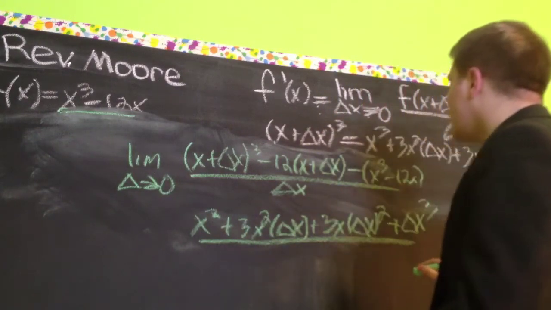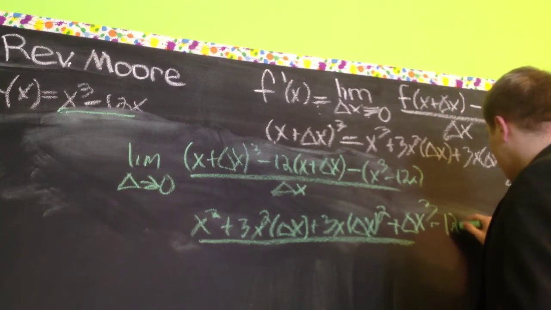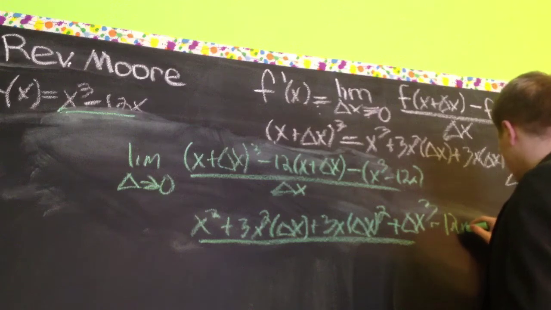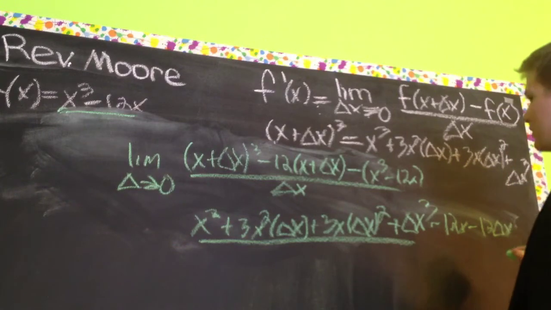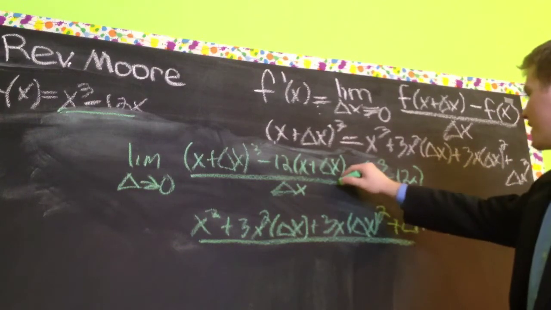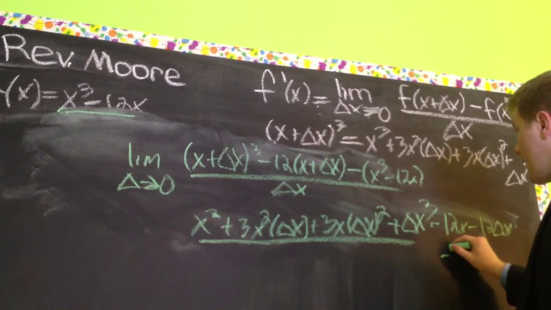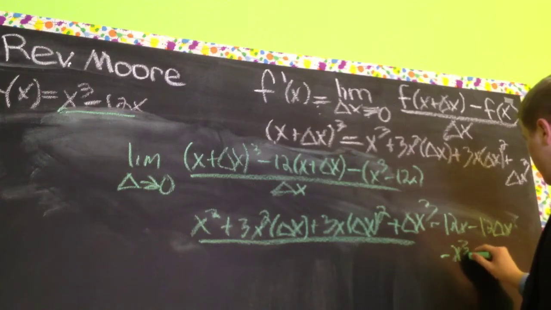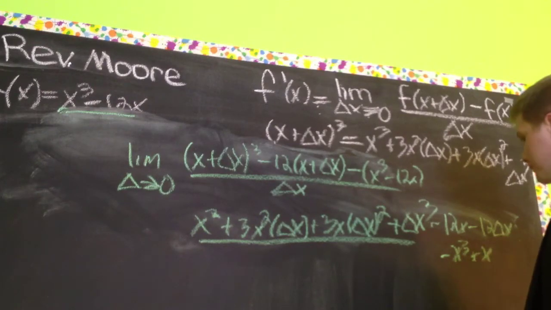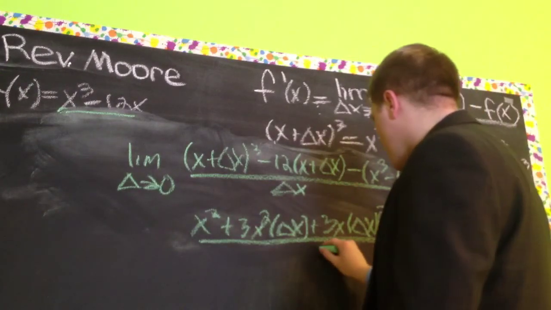I'm sorry, then we're subtracting 12x minus 12 delta x, and subtracting the original function with the negatives distributed, so it is minus x cubed plus 12x, and dividing that all by delta x.